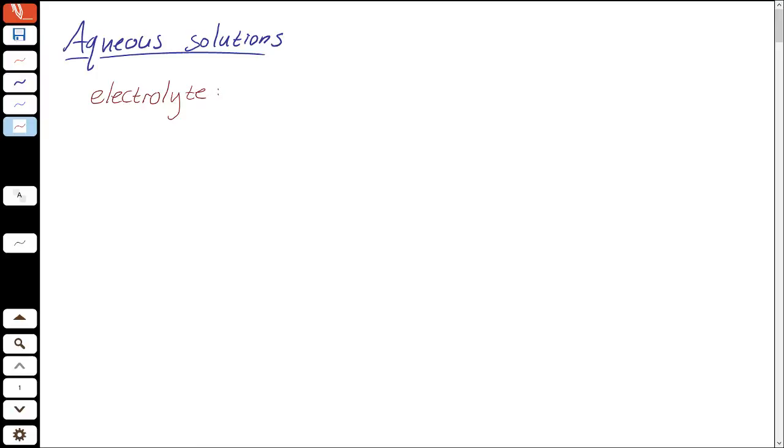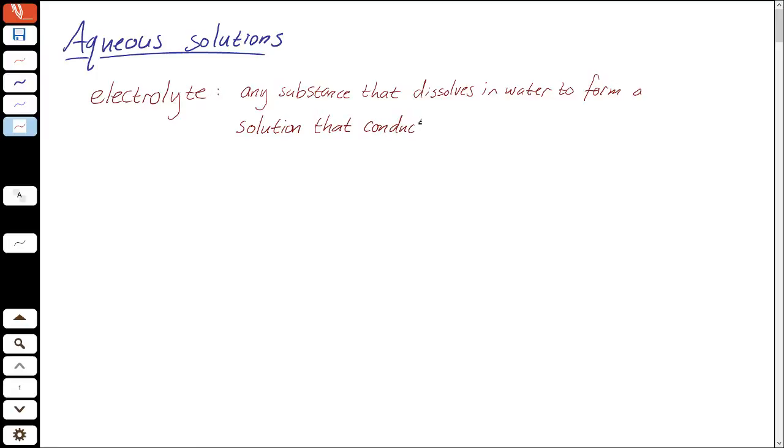So for chemistry purposes, an electrolyte is any substance that dissolves in water to form a solution that conducts electricity.